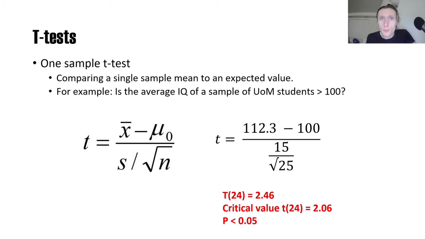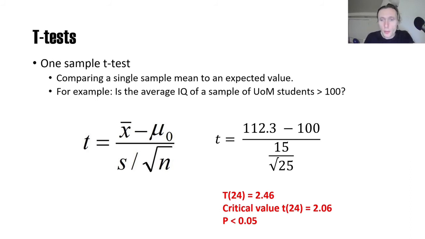And what does that mean? Remember, that critical value represents the 5% most extreme values. So there's 2.5% to the right and 2.5% to the left.